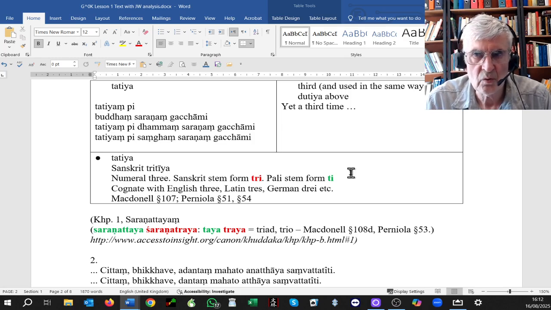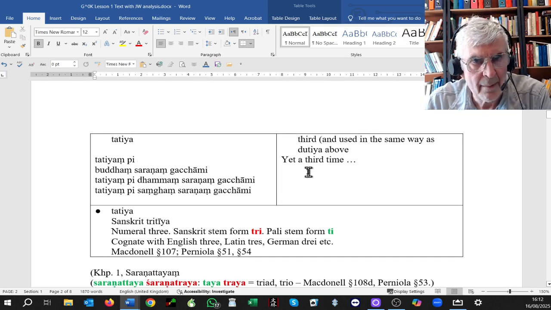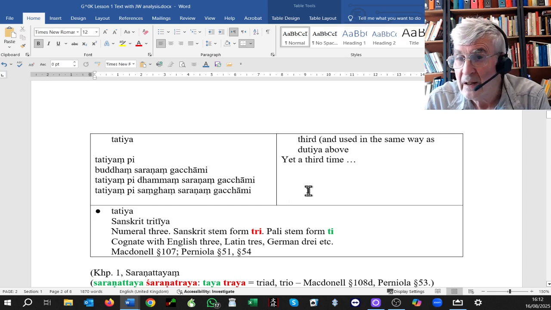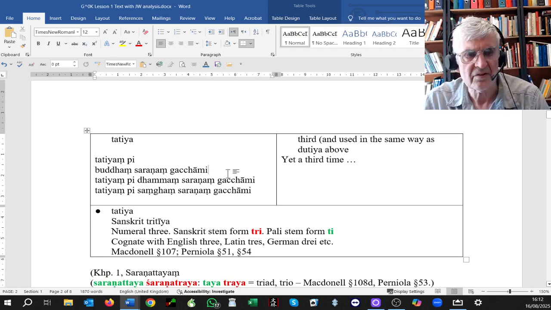So just as dutiya becomes dutiyampi, so tatiya becomes tatiyampi, yet a third time. So that accounts for tatiyampi. So tatiyampi buddhang saranang gacchami, yet a third time I go to the Buddha for protection, refuge.